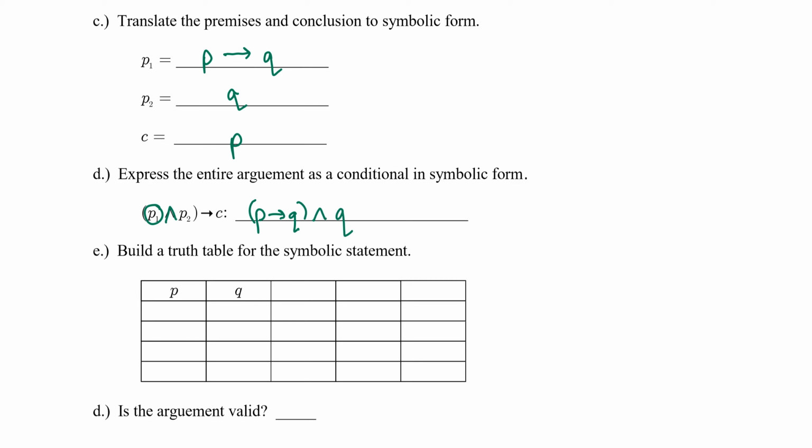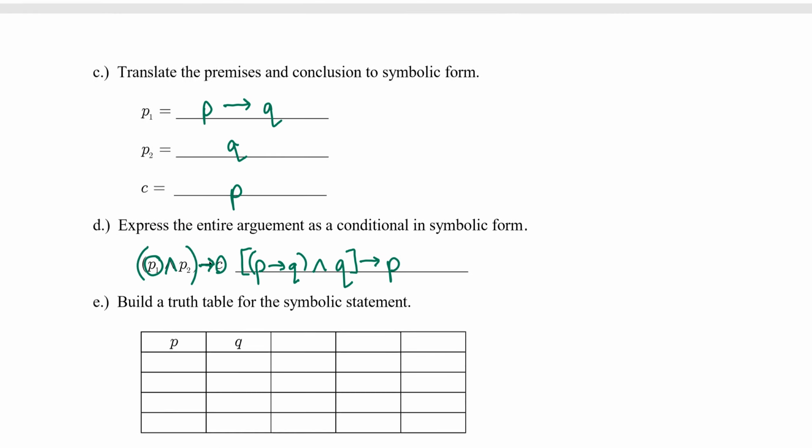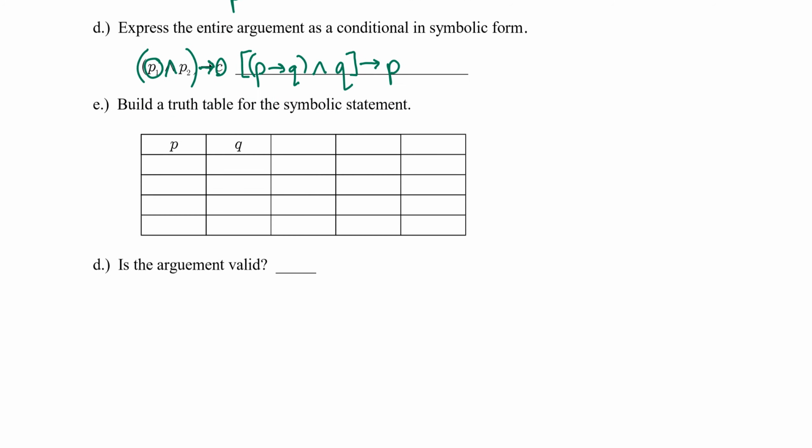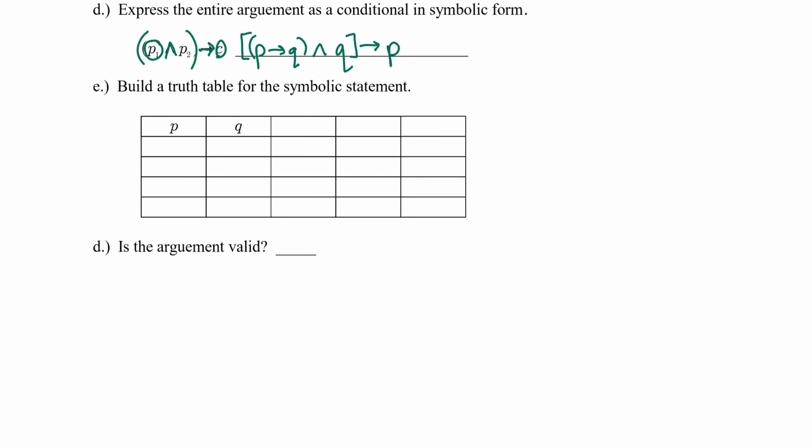Our minor premise was Q. And all together, that's the hypothesis of our conditional. I'm going to put that in brackets since we already have a set of parentheses there. Then we have our conclusion, C. Well, our conclusion we translated as statement P. So our entire English argument, our entire syllogism, is now a one-line symbolic argument.